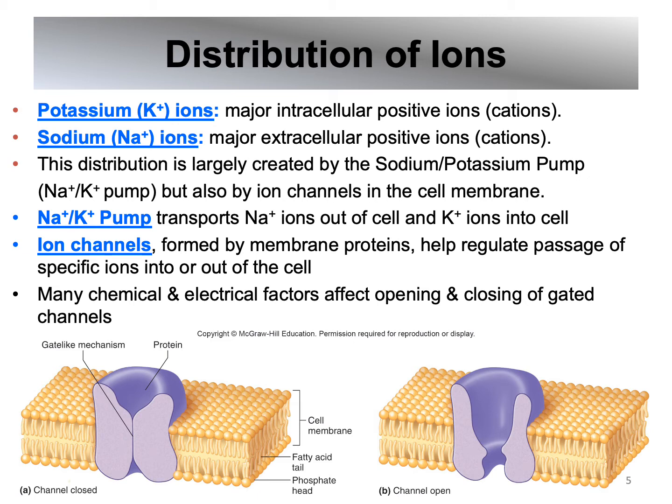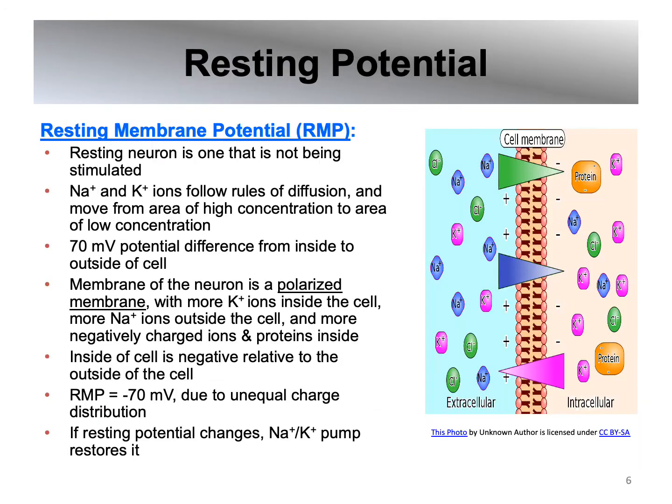So every ion has its own gated ion channels. Sodium has, potassium has, chloride has. But the sodium-potassium pump is for two ions, sodium and potassium. It takes three sodium ions to the outside of the cell in exchange for two potassium ions into the cell.